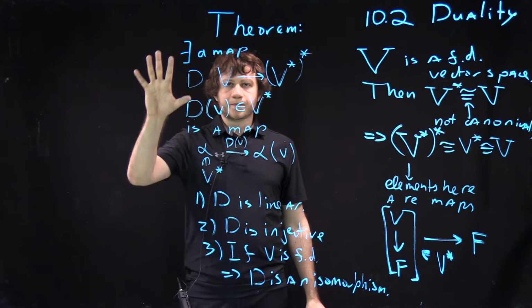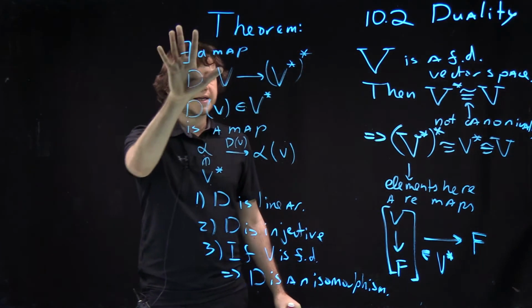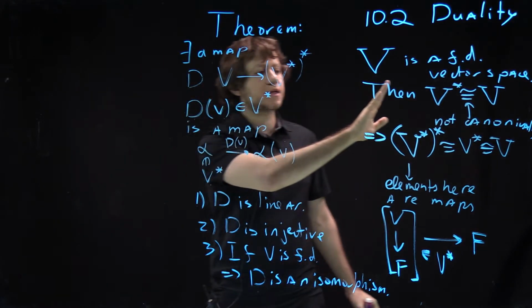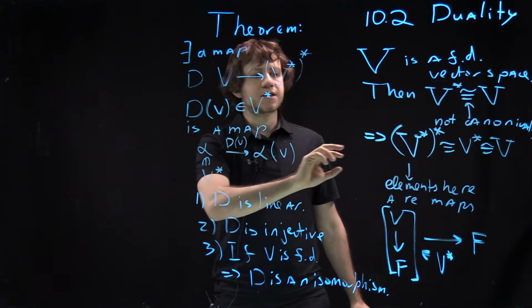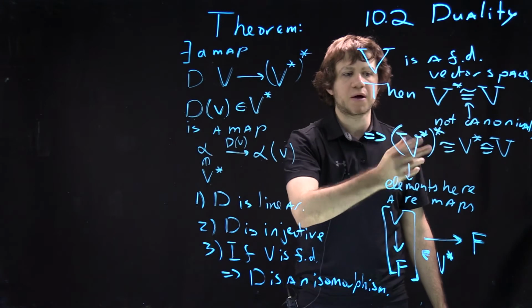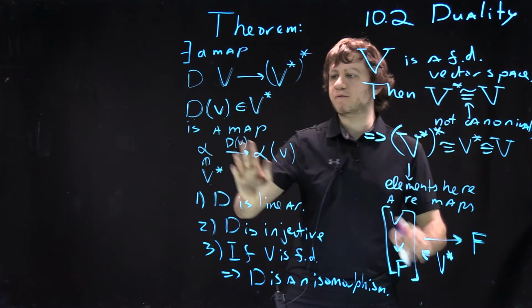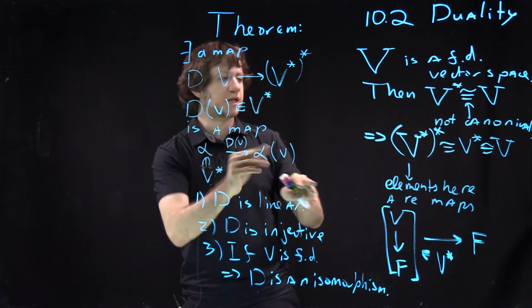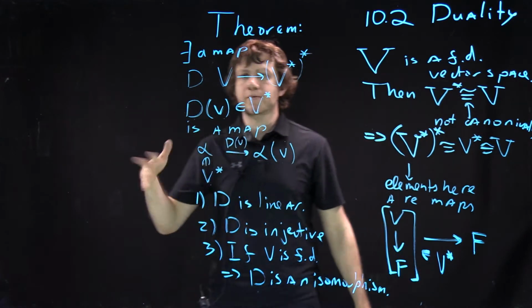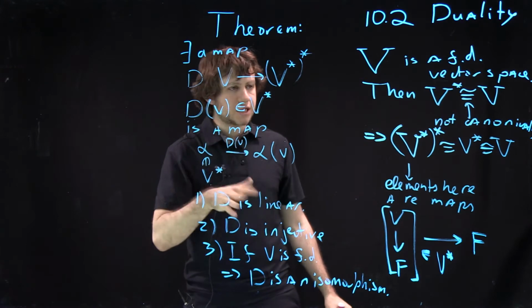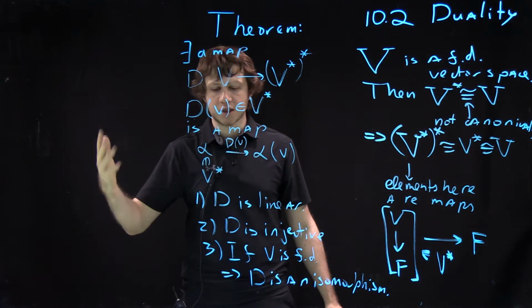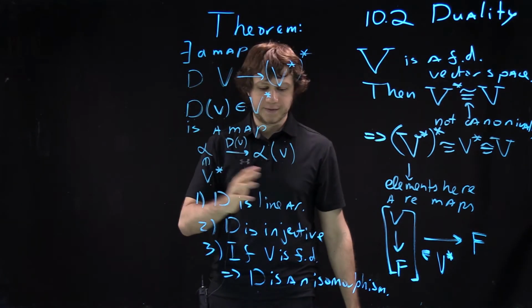So again, the main idea is that if a vector space is finite dimensional, then there is a very natural way to think about this weird double dual space. This is just the same as V, and there is a very, very simple map which sends one to another. And later on I will show you a very nice example of that, which will be related to the interpolation basis we discussed in homework 1.